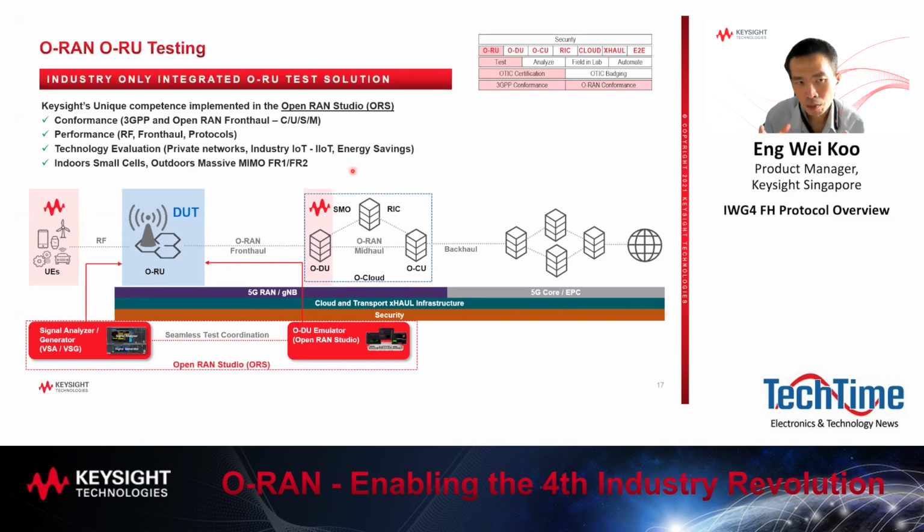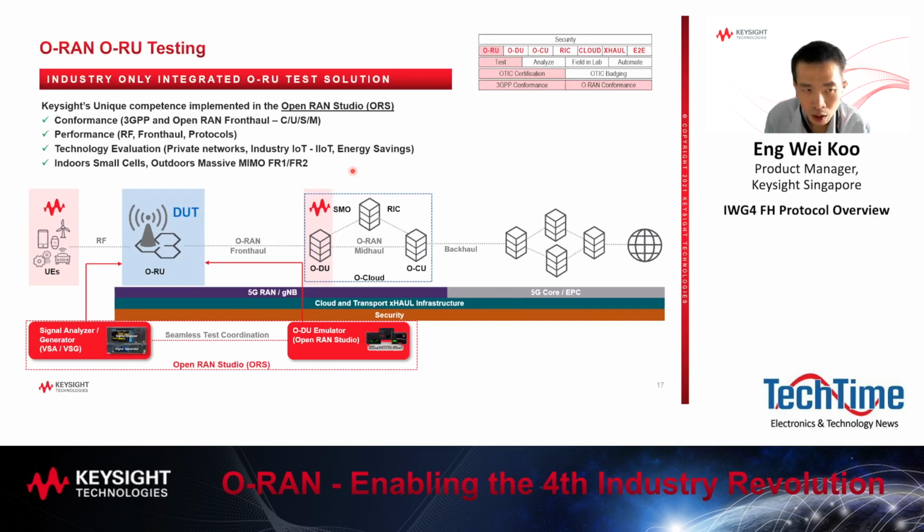So this is a complete solution that supports 3GPP conformance testing, and ORAN front haul testing for control, user, synchronization and management plane, including performance measurements and validation. We have customers right now using this test setup to evaluate how the ORU they're designing can be applicable for private networks, industrial IoT, and to get some of the basics in terms of energy savings management for ORAN.